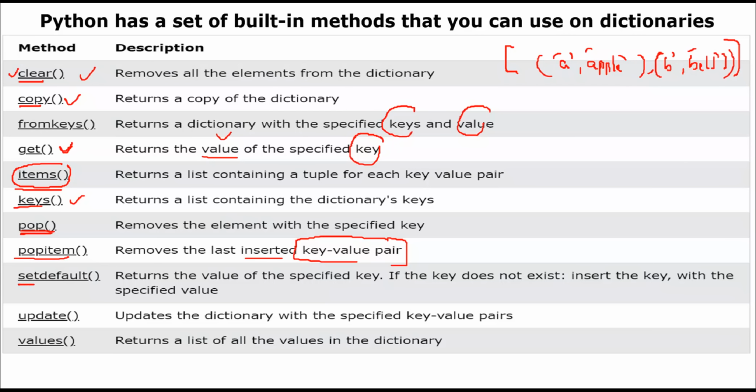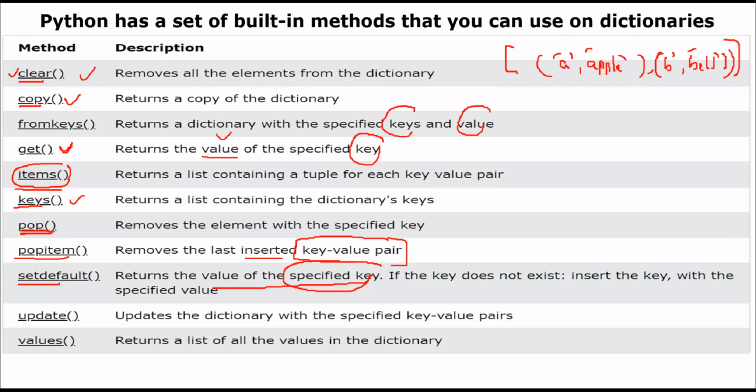Setdefault is a method which returns the value of a specified key. That means if the value is there, its value will be returned.